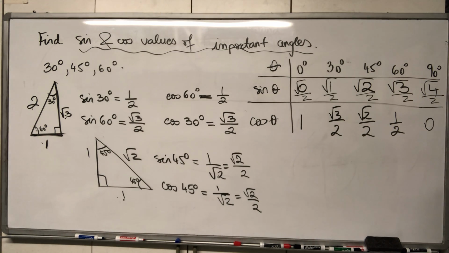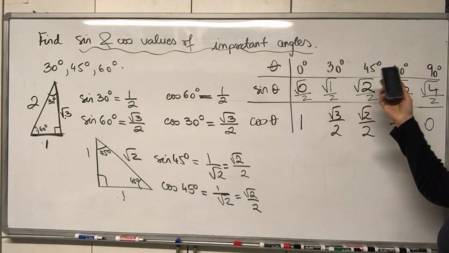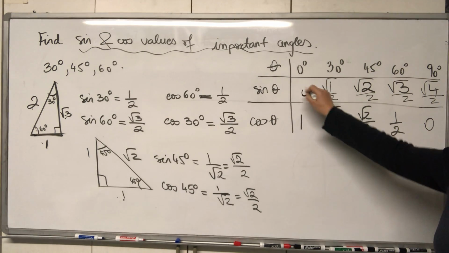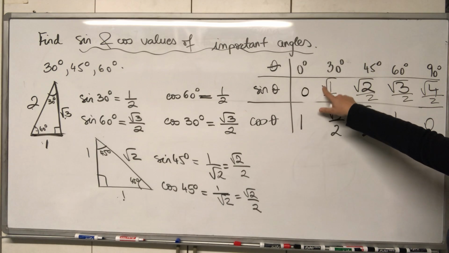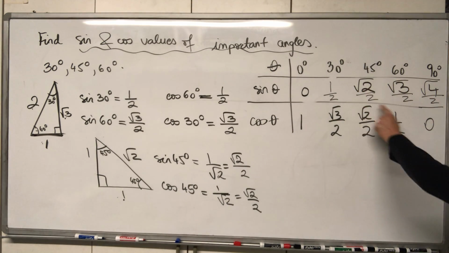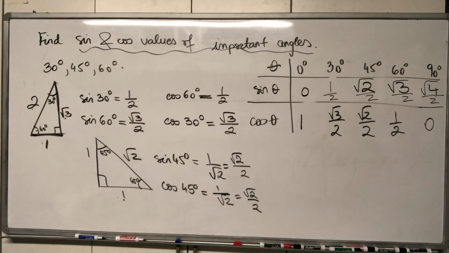Okay, so what is the square root of 0, which is 0, divided by 2? That's a 0. Square root of 1 is 1, so that turns into that. That's square root of 2 over 2, that's square root of 3 over 2. But what does the square root of 4 equal to? Square root of 4 equals 2, and 2 divided by 2 equals 1.